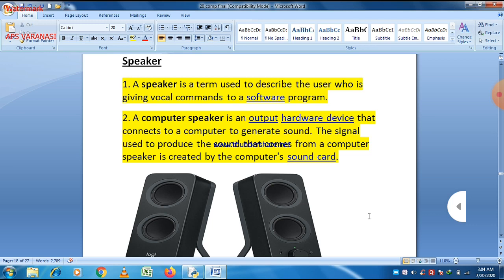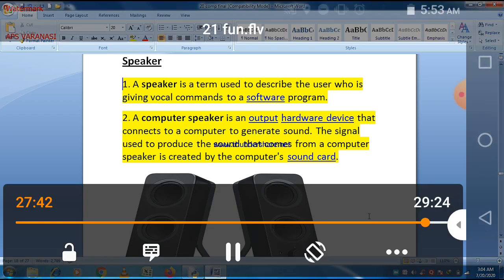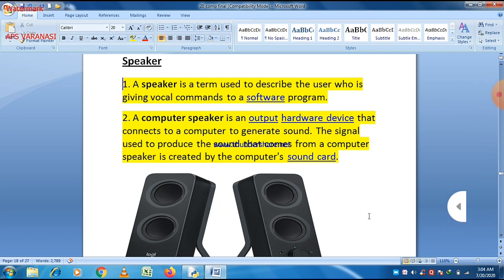Then again, the types. In examinations, different types will be asked, and in the past different types have also been asked so many times, such as what are the types of monitors. So different types of monitors are CRT, LCD, LED, and you should learn the full form of all of these.